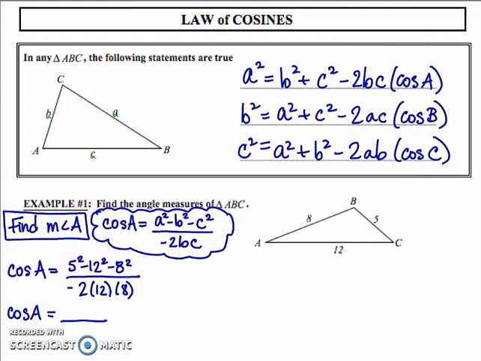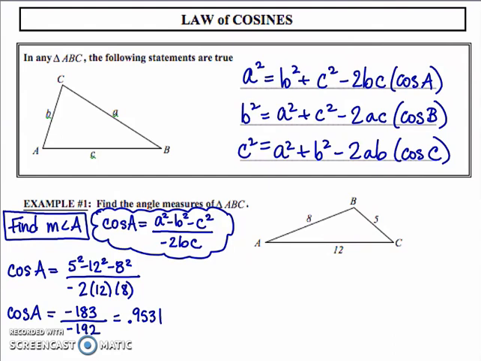The numerator should give you negative 183, the denominator should give you negative 192, and when you divide those, you end up with 0.9531. So now that is what cosine A is equal to.